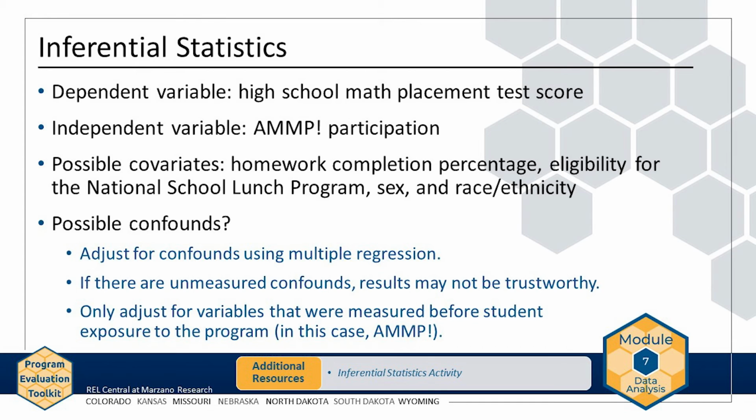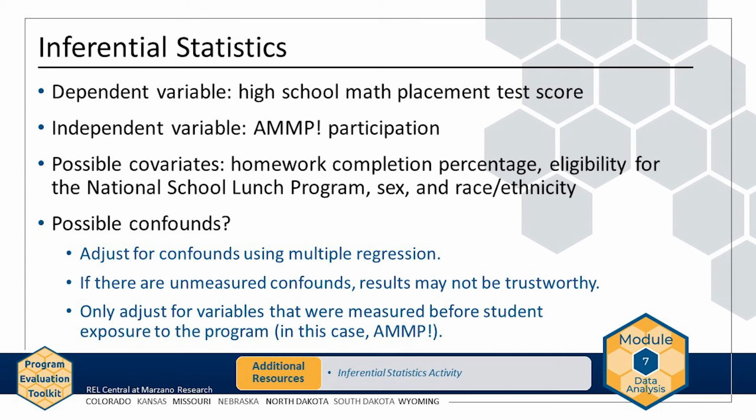One important point: when adjusting for potential confounds using multiple regression analysis, only adjust for variables that were measured before student exposure to the program. Otherwise, the regression may be adjusting away some of the impact of the program that you're trying to measure.